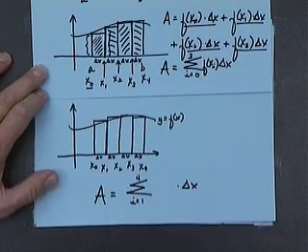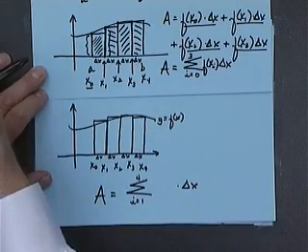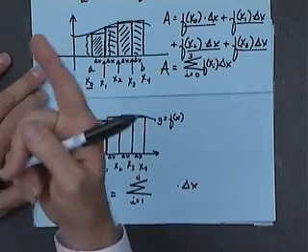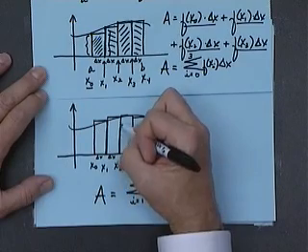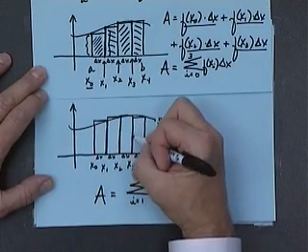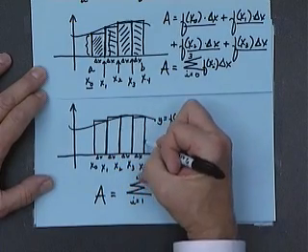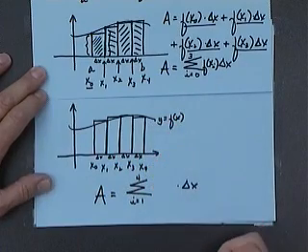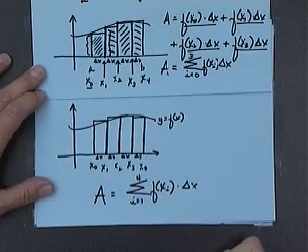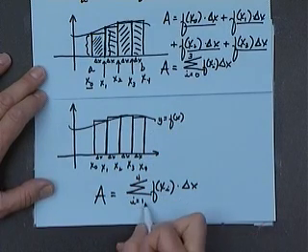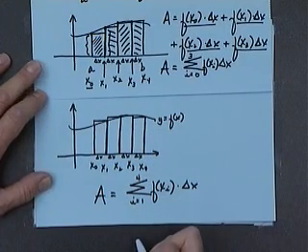And if we want 4 of them, if we're going to start at 1, we better end at 4: 1, 2, 3, and 4. There's our 4 heights. Here's the height of the second rectangle, here's the height of the third one, and here's the height of the fourth one. So we still want f of x sub i. We're just starting i at 1 instead of 0.